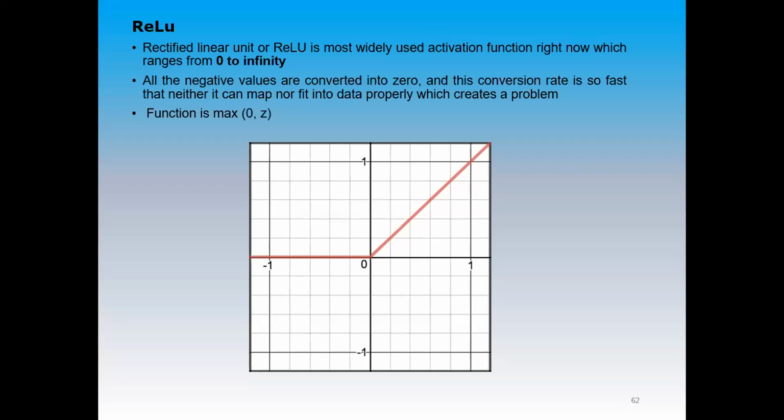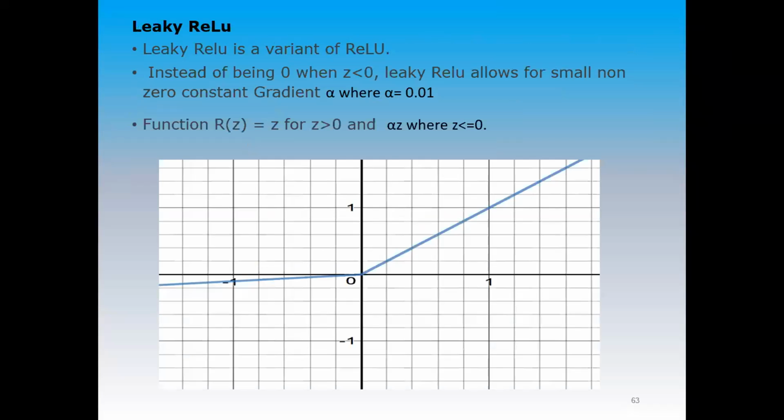The initial ReLU is a function of max(0, z). That means anywhere the value is negative, it will change the value to 0, and where the value is more than 0, you will have the value z. This had a problem, because converting all the negative values to 0 is not a very good mechanism.